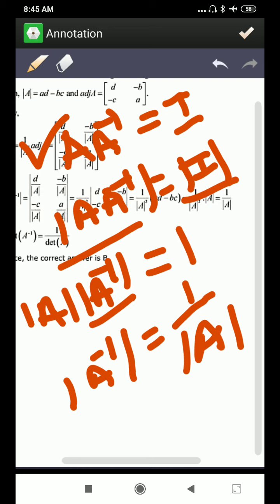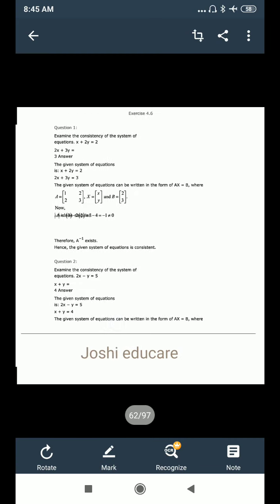On the left side we can use this property: determinant of product of two matrices is equal to product of determinants of individual matrices. So determinant of A into A inverse will be equal to determinant of A into determinant of A inverse. By that you can get the value of determinant of A inverse is equal to 1 upon determinant of A. That is the answer of this question. So you can do it in this way.